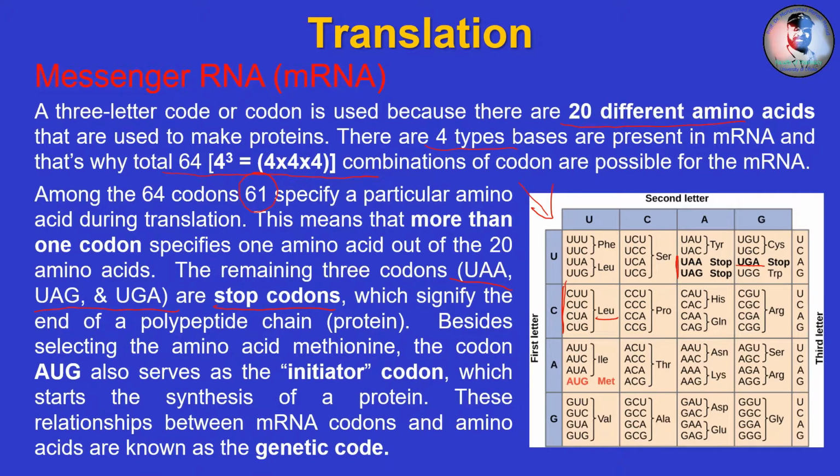Besides selecting the amino acid methionine, the codon AUG also serves as the initiator codon, which starts the synthesis of a protein. This relationship between messenger RNA codons and amino acids is known as the genetic code.